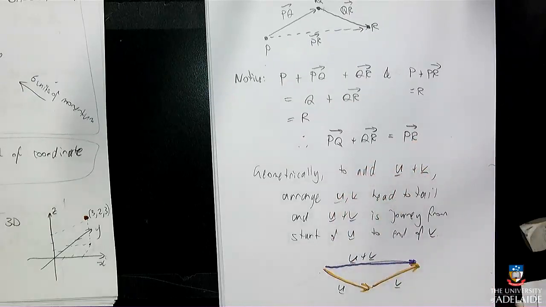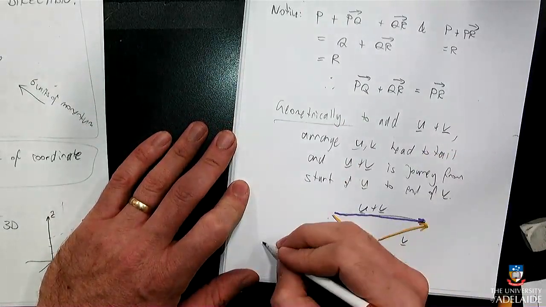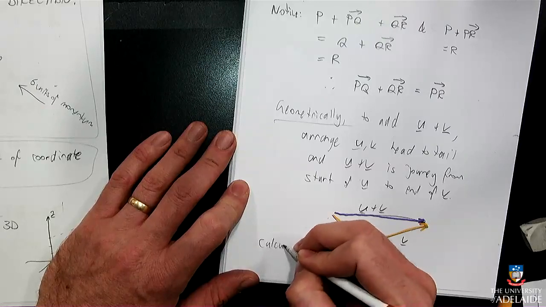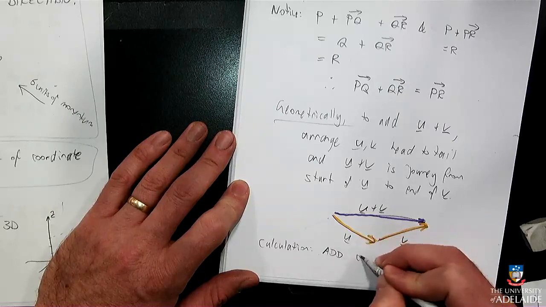So that's what you do geometrically, but ultimately we can just add them together the way that we added and the way that we subtracted points. We're just going to add and subtract their coordinates. So that's geometrically. With calculation, add the coordinates.